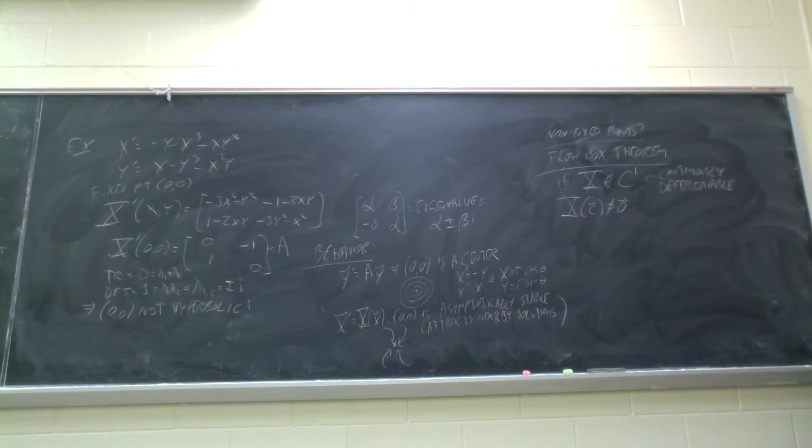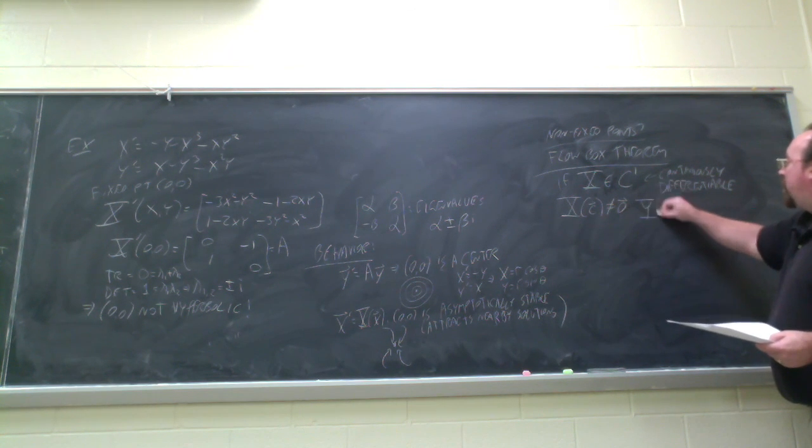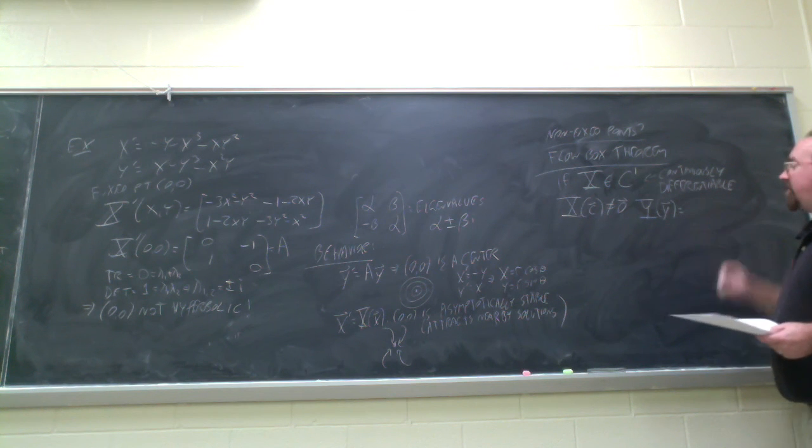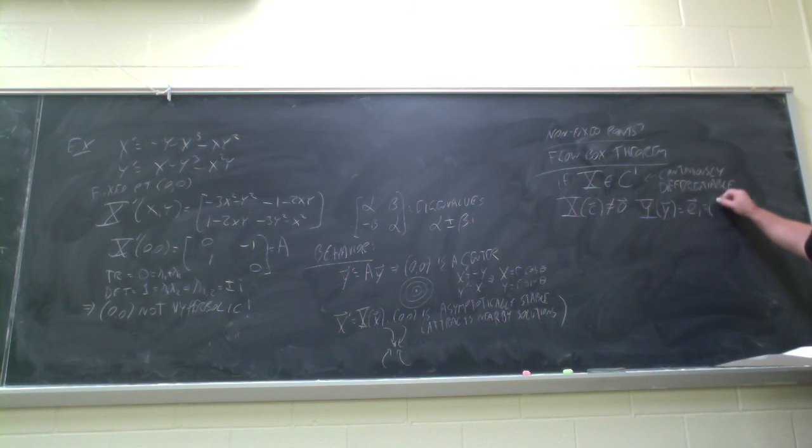So big X of c is not 0. So I need to define a simple vector field, big Y of little y, which is actually a constant vector field. It's E1, which you may recall is the first column of the identity matrix. So it's just a vector of 1 and all zeros after that.